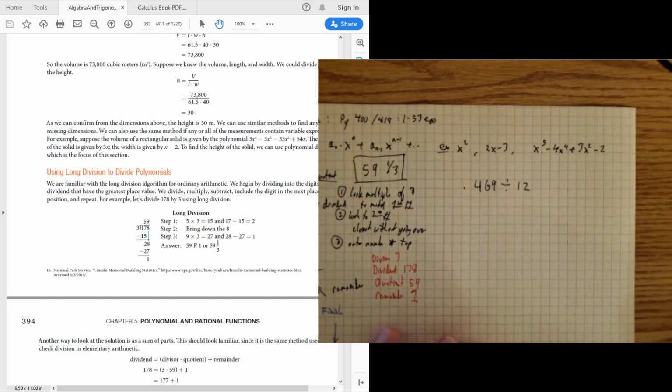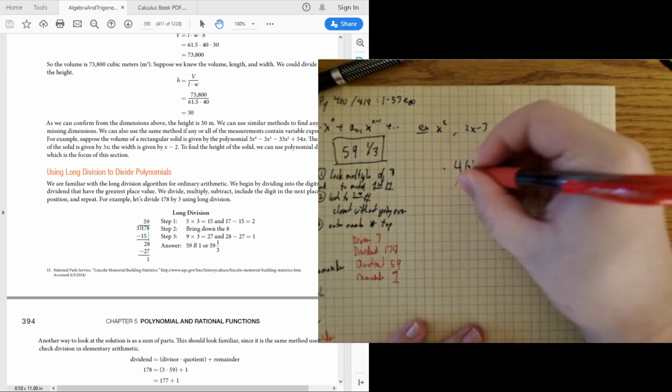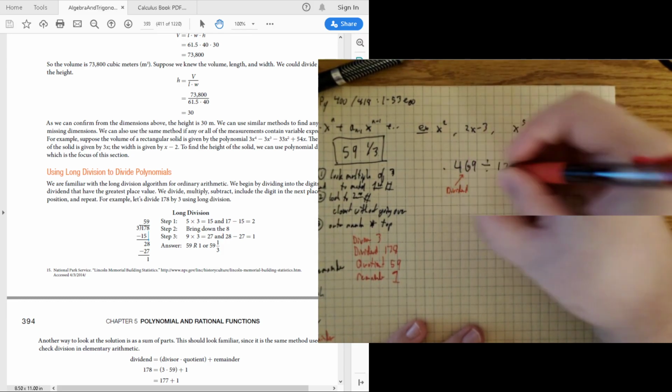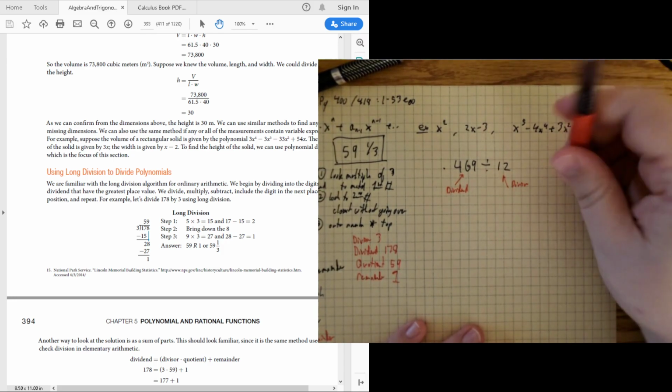Okay. So to do that, as we remind ourselves, this is the dividend. This is the divisor.